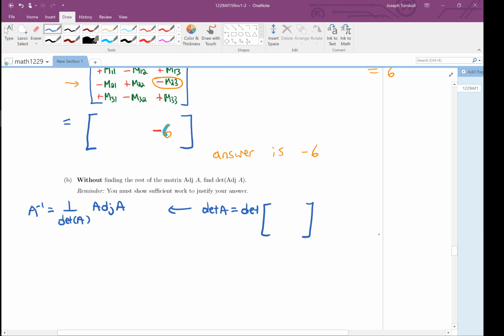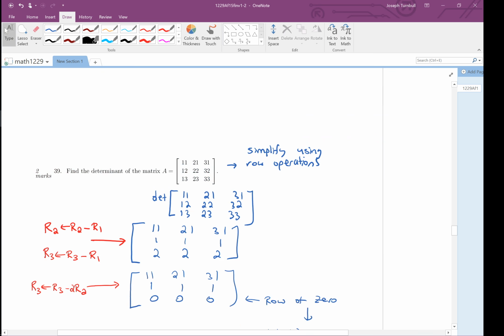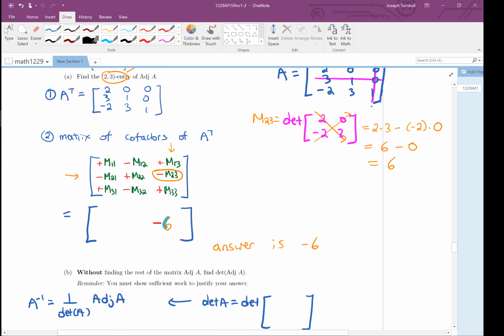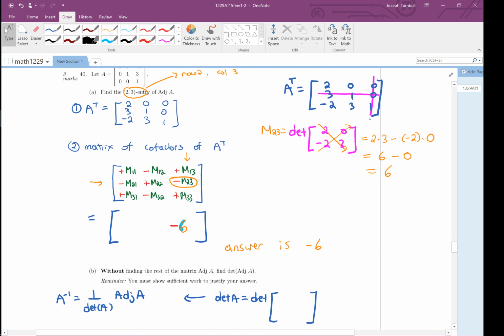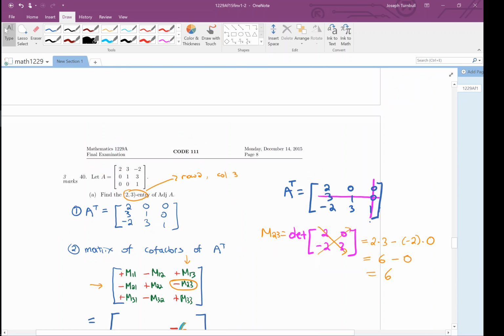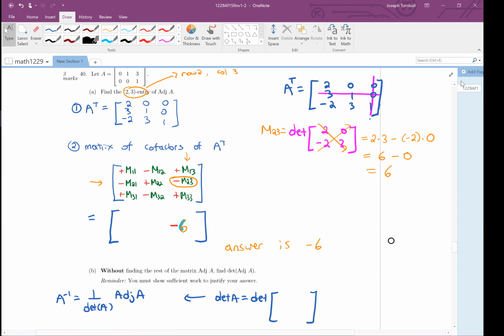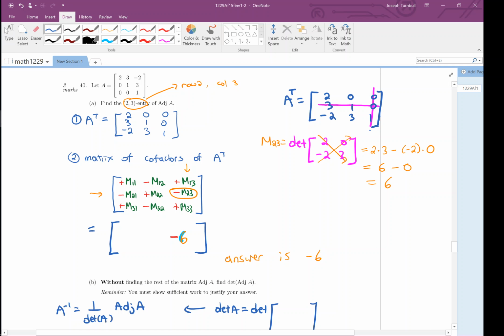For A, scroll up, too far. So what do we got here? Okay, so we got 2, 3, negative 2, 0, 1, 3, 0, 0, 1.